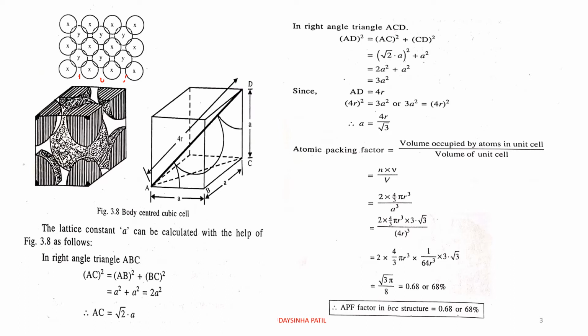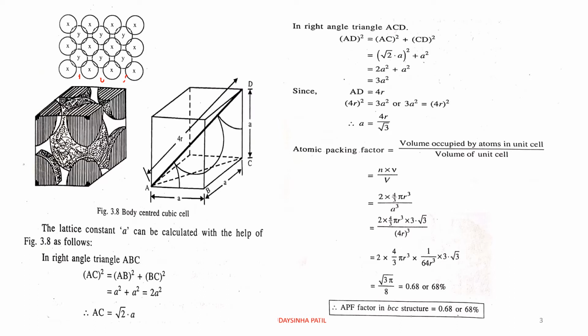Therefore, we can calculate the lattice constant a, but it is not equal to 2R as in the simple cubic structure. Here we apply the Pythagoras theorem.